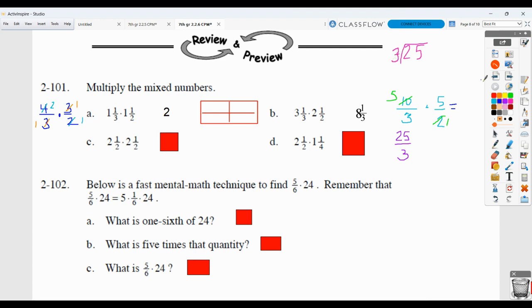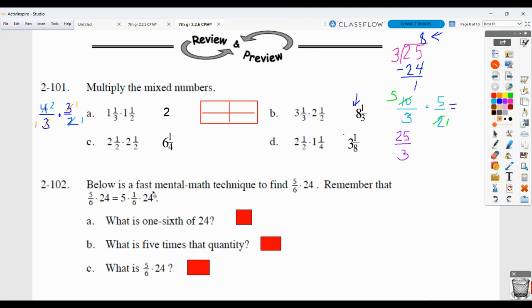Which would be 8 whole times. That's how we're getting the whole number. 8 times 3 is 24. Subtract, you get 1. This will always be the numerator of the fraction, and then the denominator of the fraction. So whole number is coming from here, numerator, denominator. Now, I'm not going to show all the steps for the others, but you should do them the same. And again, you do need to have the work shown.